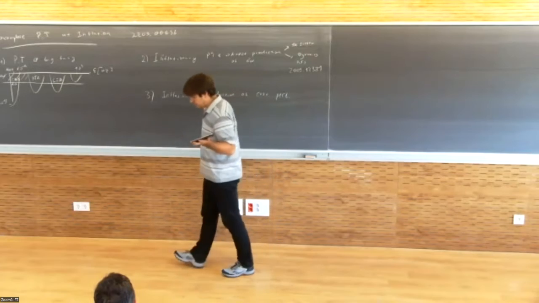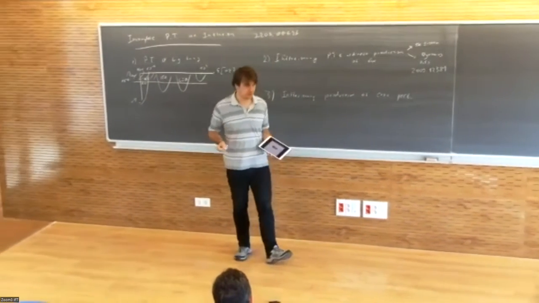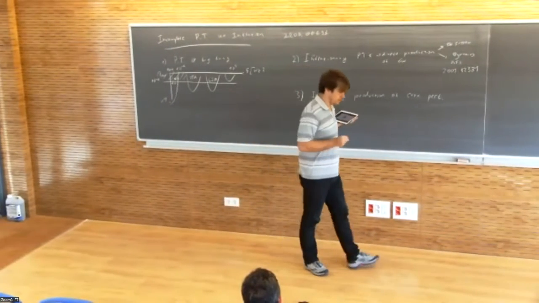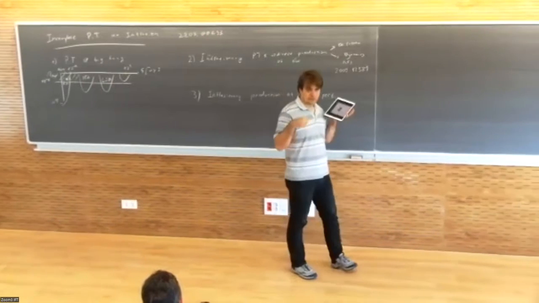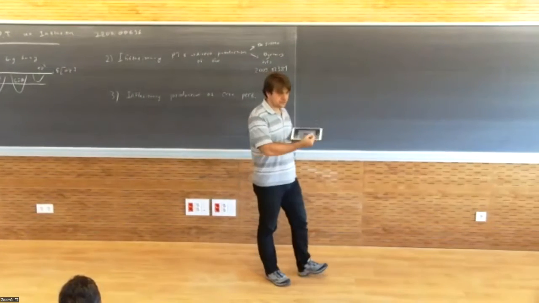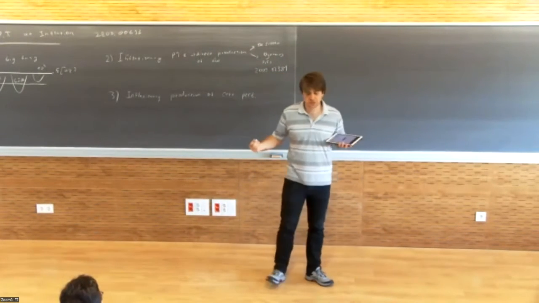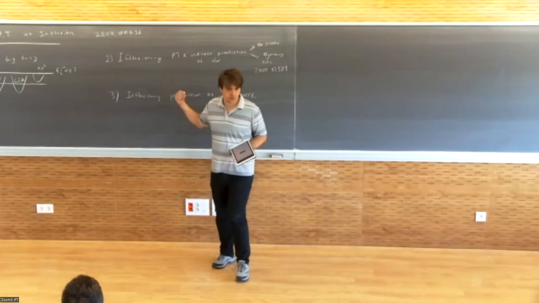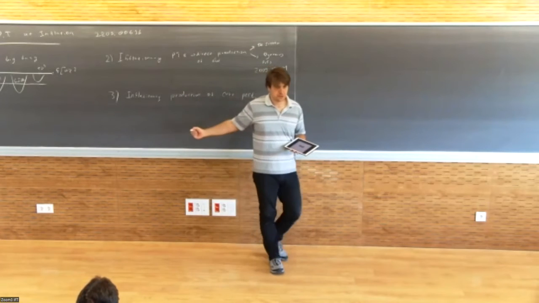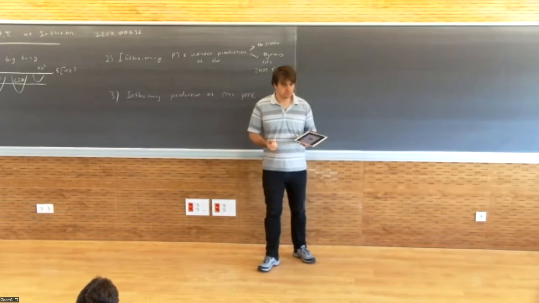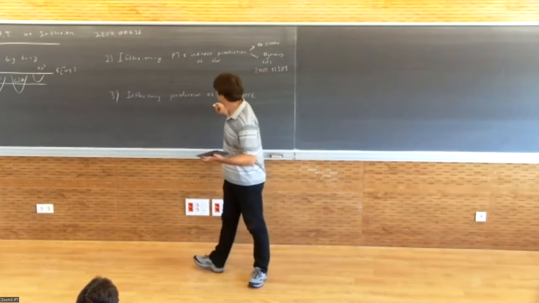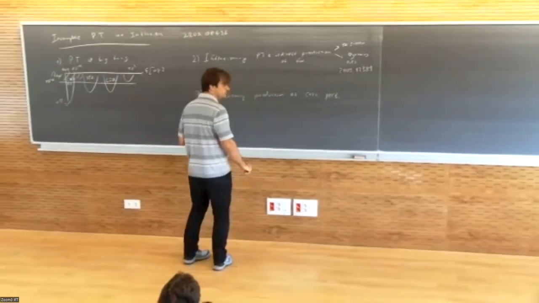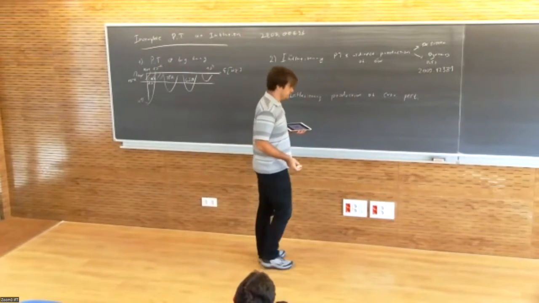So these are not tensor modes, but scalar modes. And of course, our whole intuition about scalar and tensor separation, the SVT decomposition, is based on the free theory. So once you have interactions, the modes are no longer separable. So at second order, you can produce out of these gravitational waves.